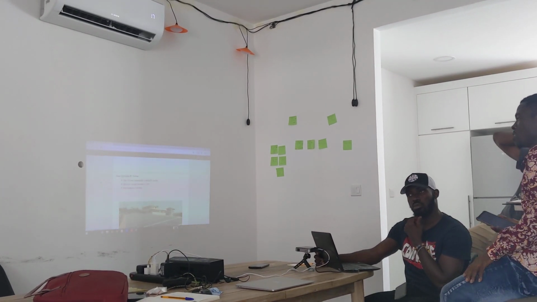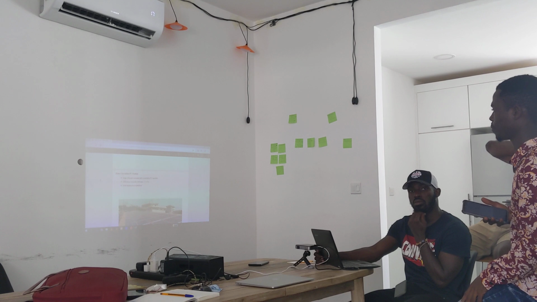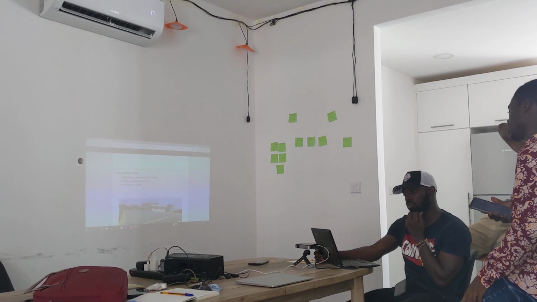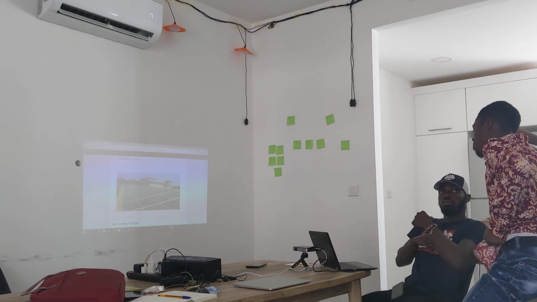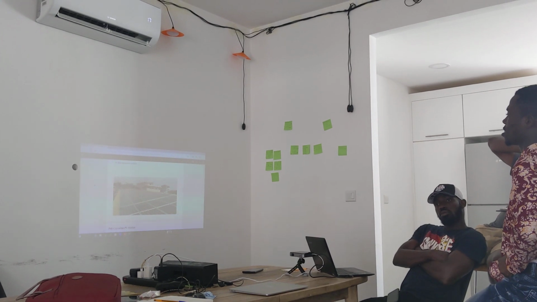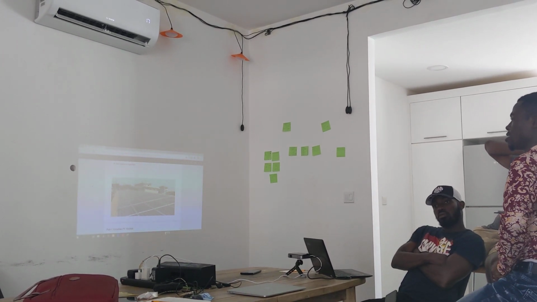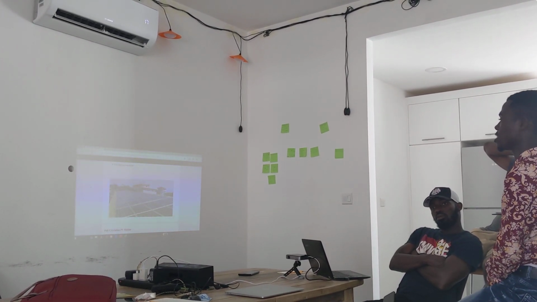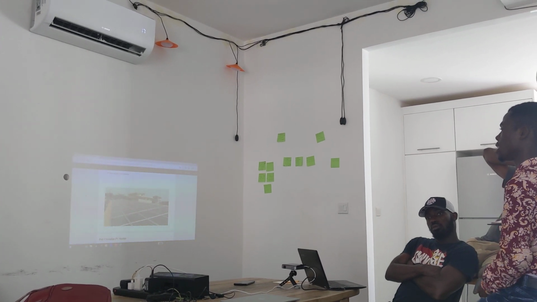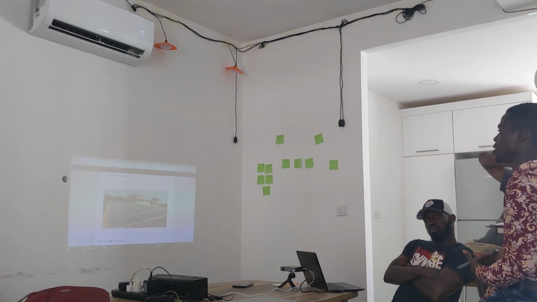And what is the advantage or disadvantage of mono and of poly? For mono, your charging rate will be faster. It will help your batteries to charge faster than the poly.